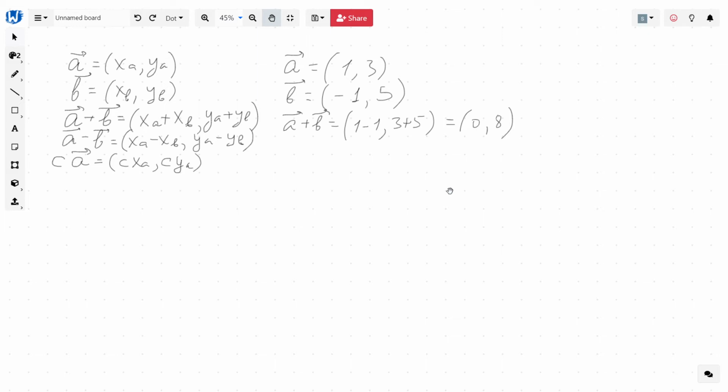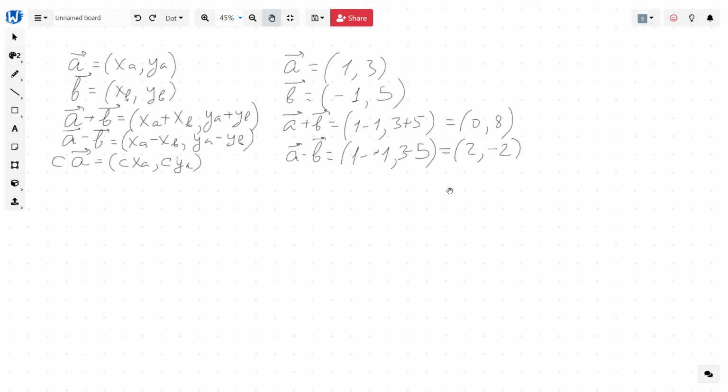Now, A minus B is 1 minus 1 and 3 minus 5, and that makes this 2, -2.